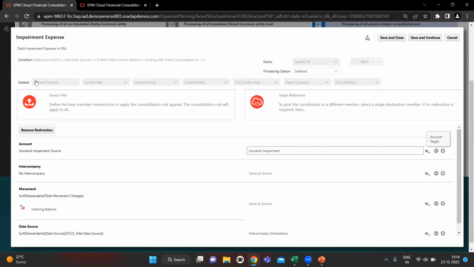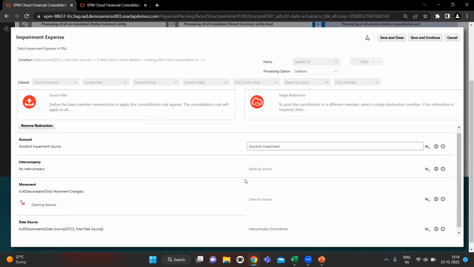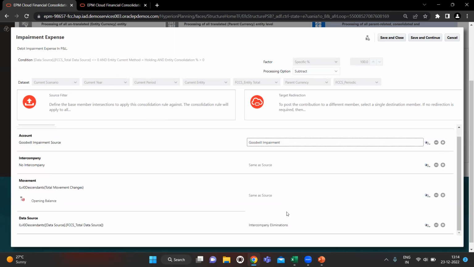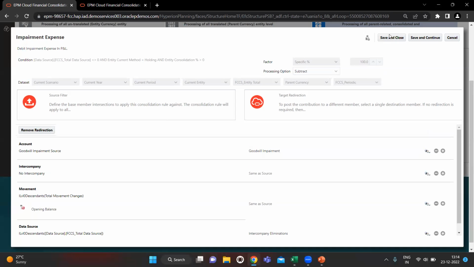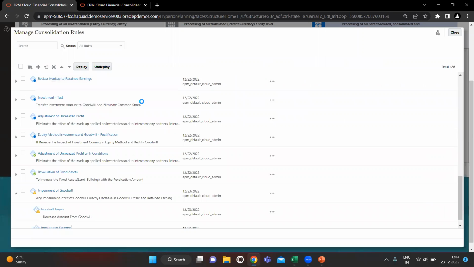Okay, and the data set is also copied from the rule set, and we have account, intercompany same as source, movement same as source. Though we have taken intercompany elimination, we can take other members, because although it is not an intercompany transaction, right now I have just taken this member of the data source dimension. You can take other members as well. So again, save and close.